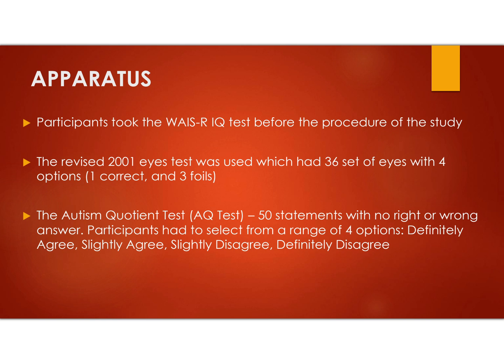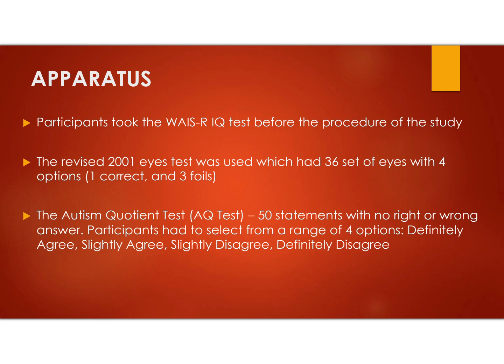So the AQ test is a questionnaire that has 50 statements. The ICE test has 36 sets of eyes with 1 right answer and 3 wrong answers. The AQ test has 50 statements. They're not necessarily questions, they're statements. And for each statement, you have a 4-point scale.